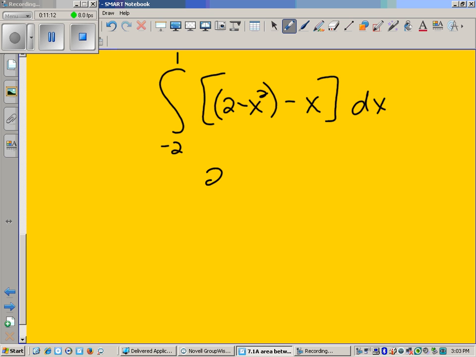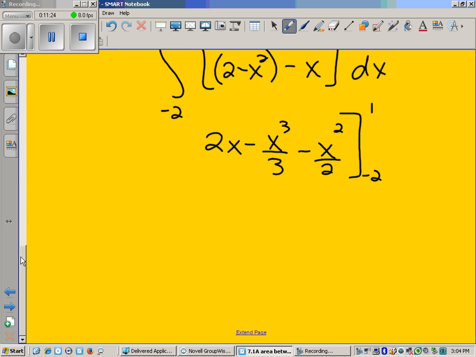The integral of 2 is 2x, x cubed over 3, x squared over 2, and I'm integrating it from negative 2 to 1. Plug in my 1, and I get 2 minus 1/3 minus 1/2. Minus, if I plug in negative 2, what does that give me?